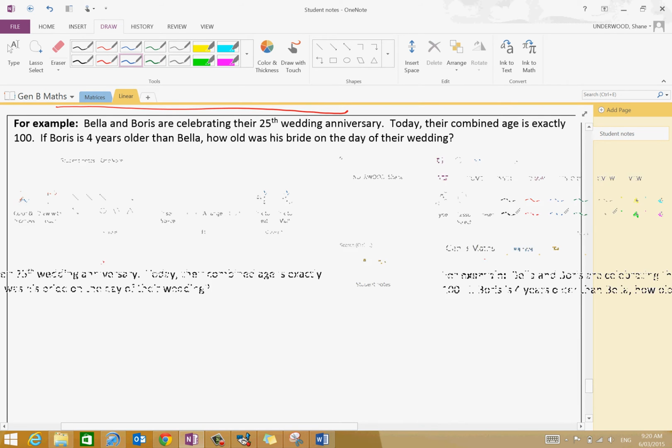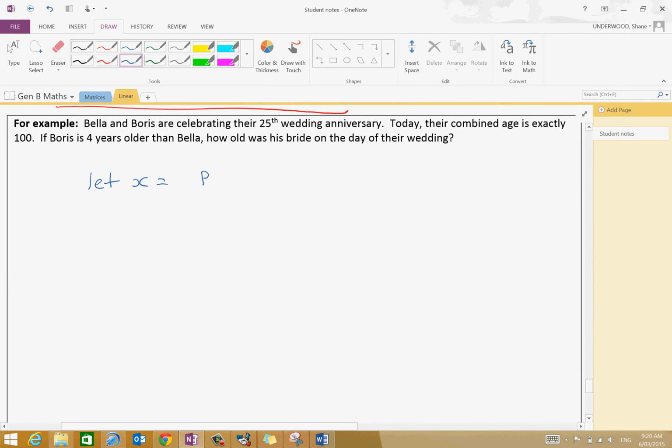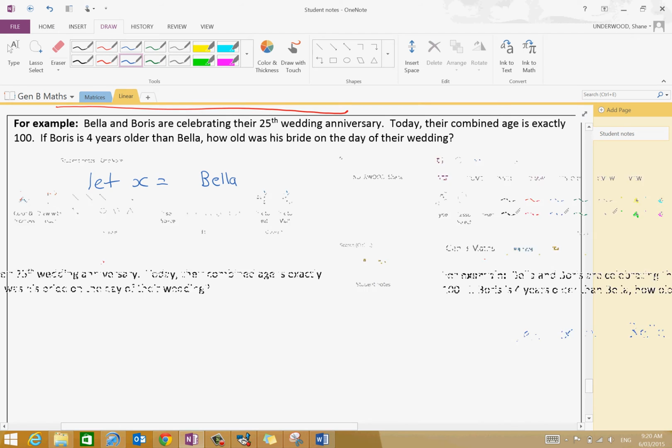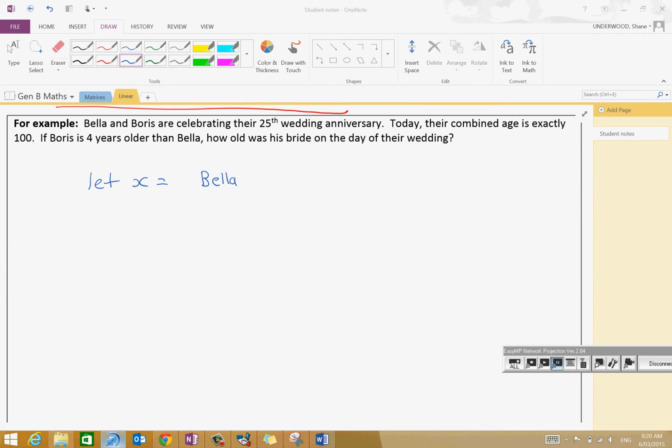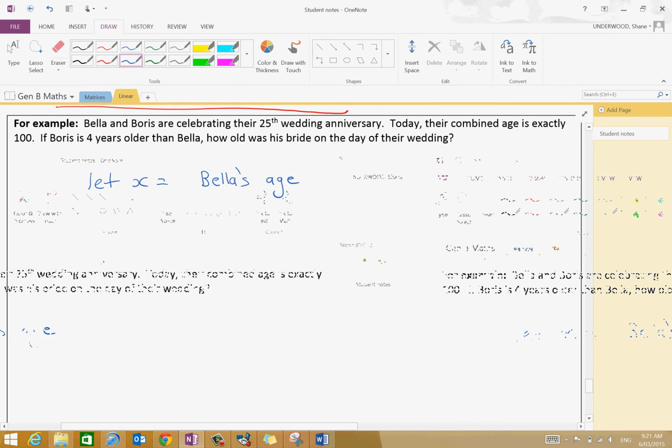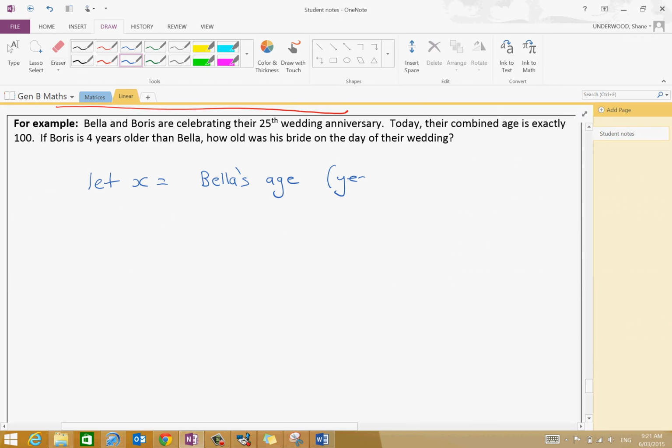I'm going to say let x be equal to Bella's age, and we're going to say what unit it is. It's years, not months. It could be asked in months, but it's not. So we've declared our variable, and I'm going to let y be equal to Boris's age.